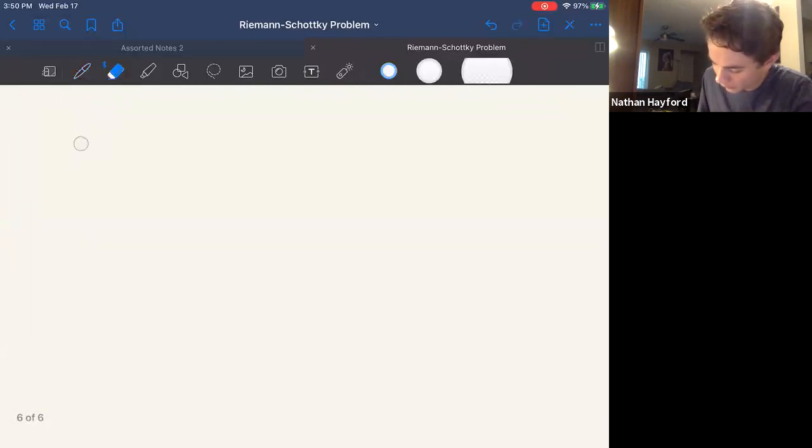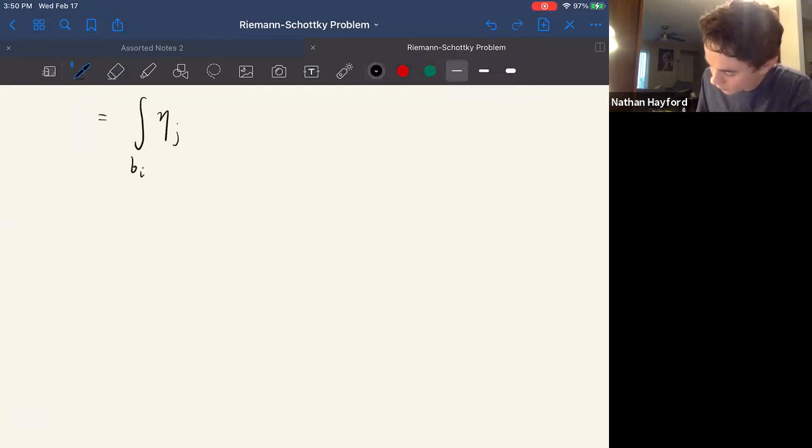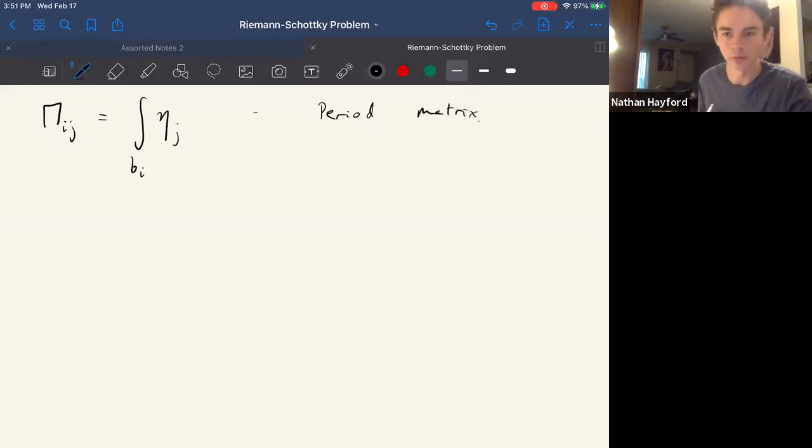So our period matrix now is going to be pi_ij. This is our new period matrix, and it satisfies similar properties to the period matrix we wrote down before. The only difference now being that the entries are complex.